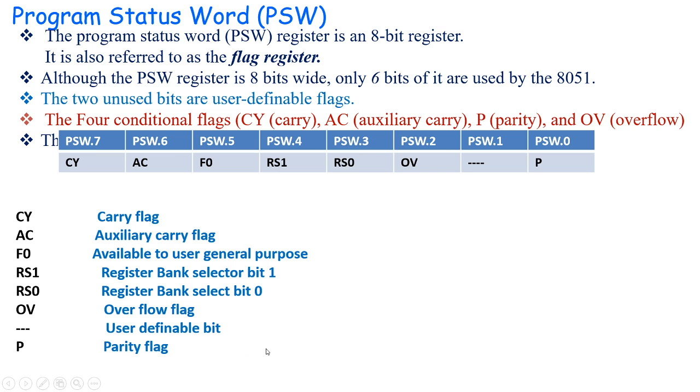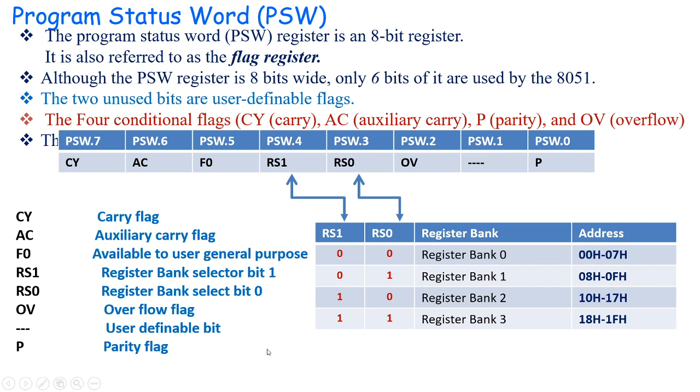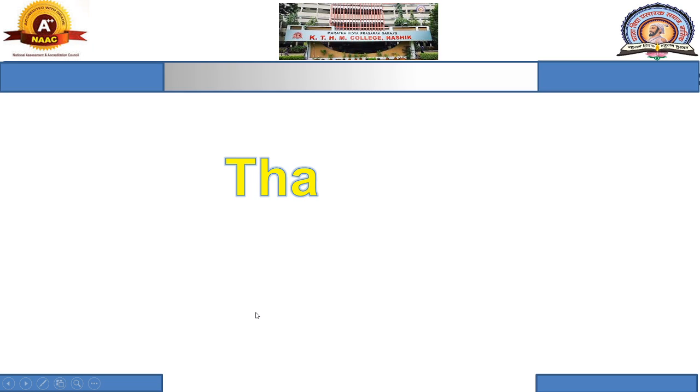The register bank gets selected by using RS0 and RS1. A question asked on this topic: draw the format of the program status word register, the PSW register, and explain each flag in detail. We already discussed it.